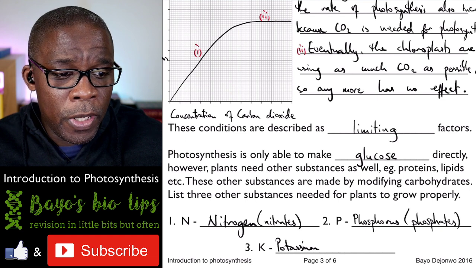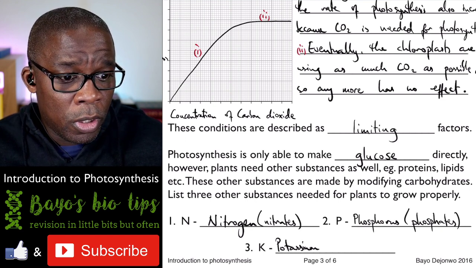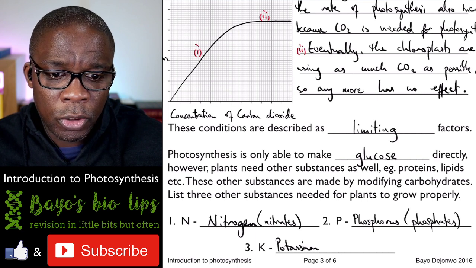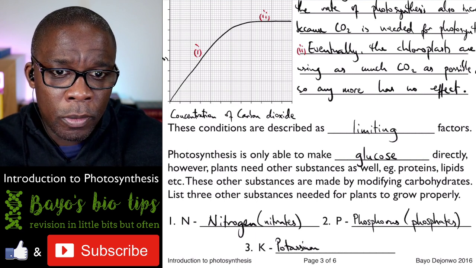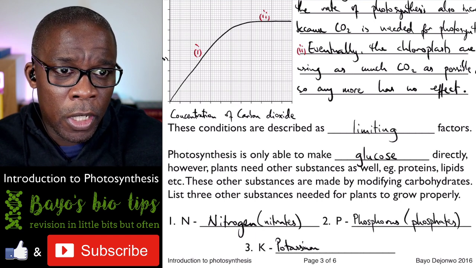So these are the basic bits of information you need as an introduction to photosynthesis. At GCSE, this will be a good introduction to photosynthesis, but you'd want to consider how the factors would affect photosynthesis in a real life situation.